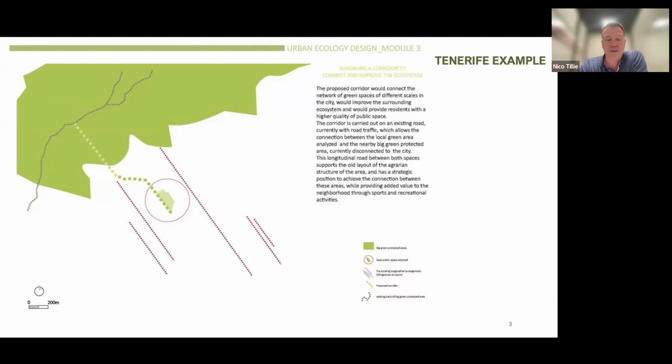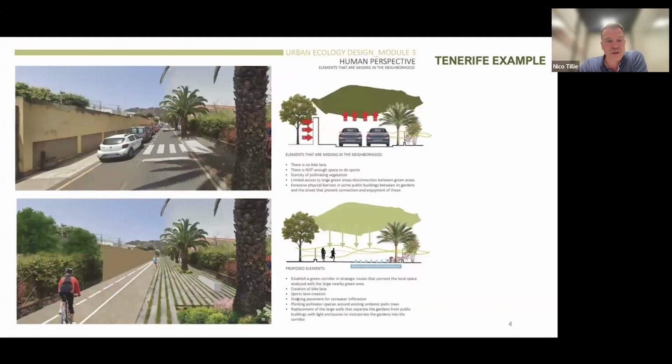The aim is to make that area more green, but also a connector for plant species, animal species, and people. We see that street with a big wall on the left, tarmac for the cars, and some native endemic palm trees, and some elements which can be improved.